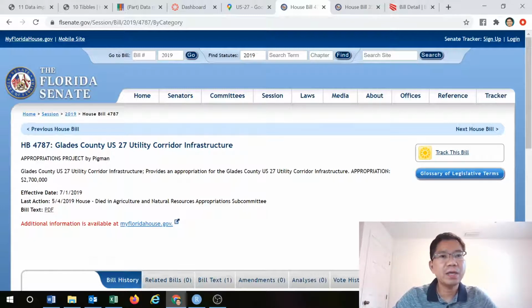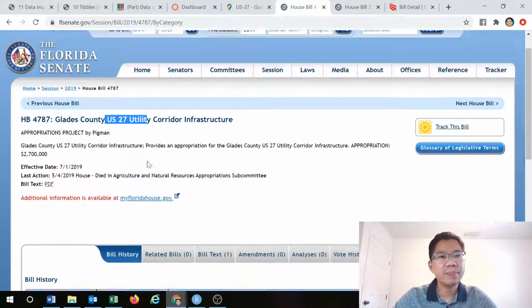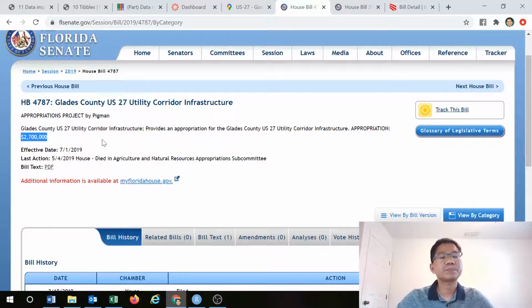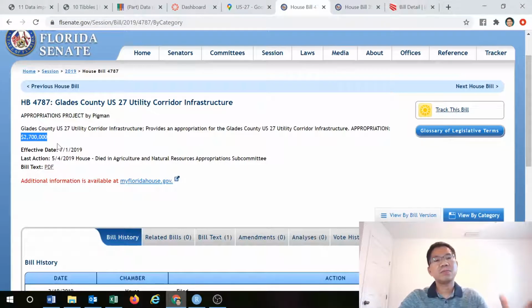That HB you can search on the internet with the website here: HB 4787, Lake County US 27 utility corridor infrastructure, and they requested $2.7 million. So that is basically the total until 2014. This is the first phase, just getting the force main to the other side of the Caloosahatchee Canal.